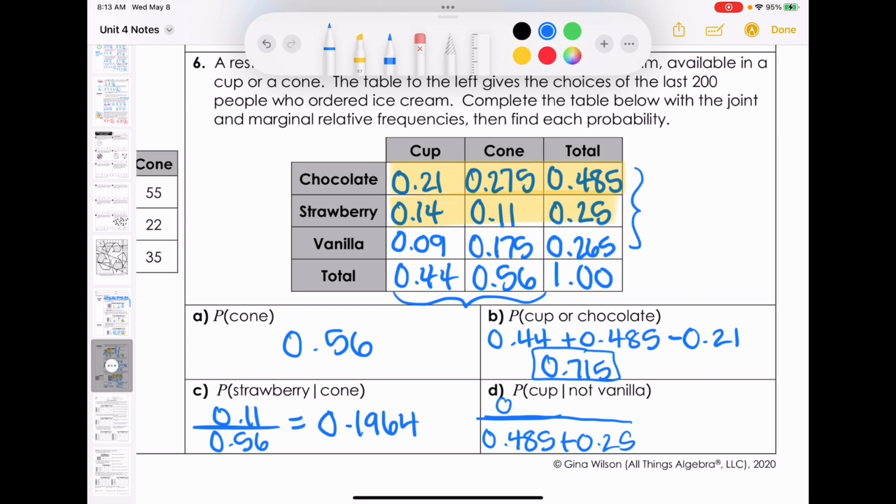So 0.21 plus 0.14. So when I type all that in, I get 0.4762. All right, now that ends the lesson for two-way tables.